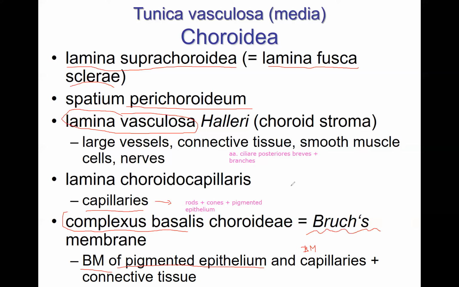It was described by the histologist Bruch as a layer, but using electron microscopy we see there are more sublayers. So we have three layers: suprachoroid lamina, then vasculose lamina with big vessels, choroidocapillar lamina with small vessels, capillaries, and then Bruch's membrane or basal complex.